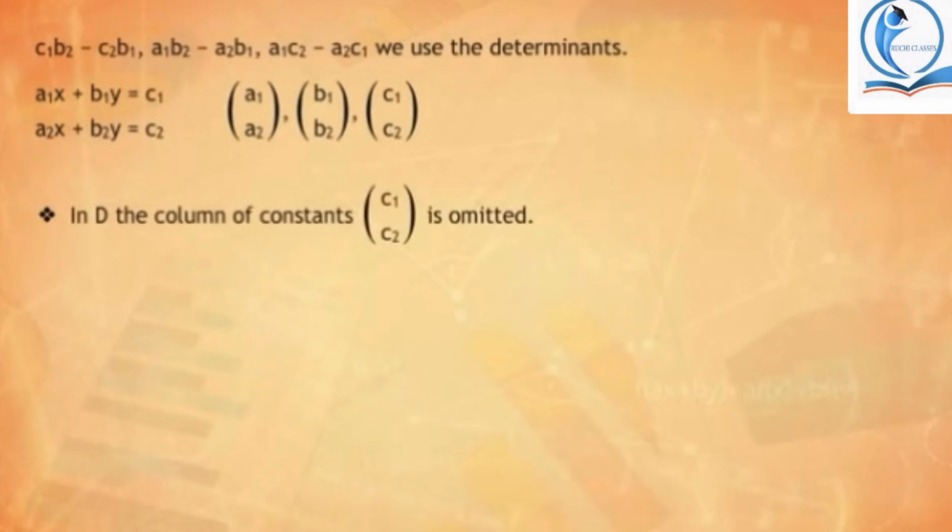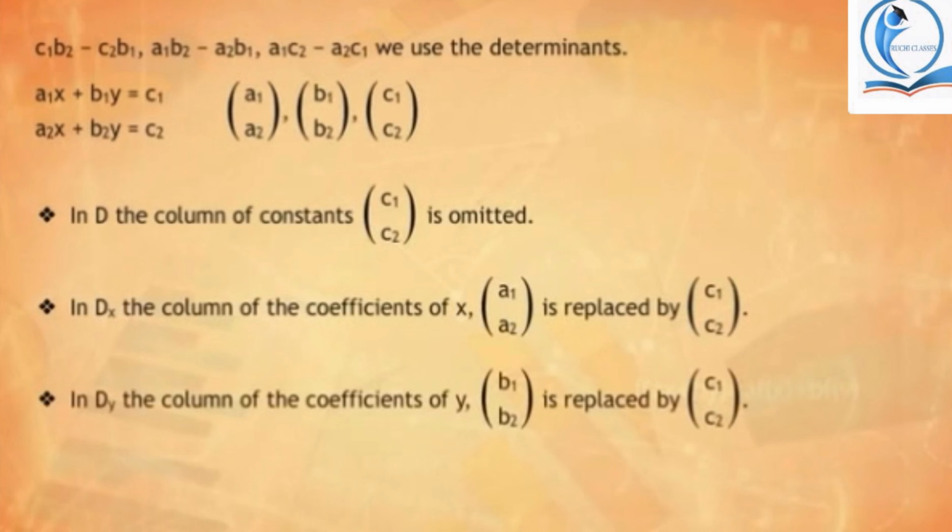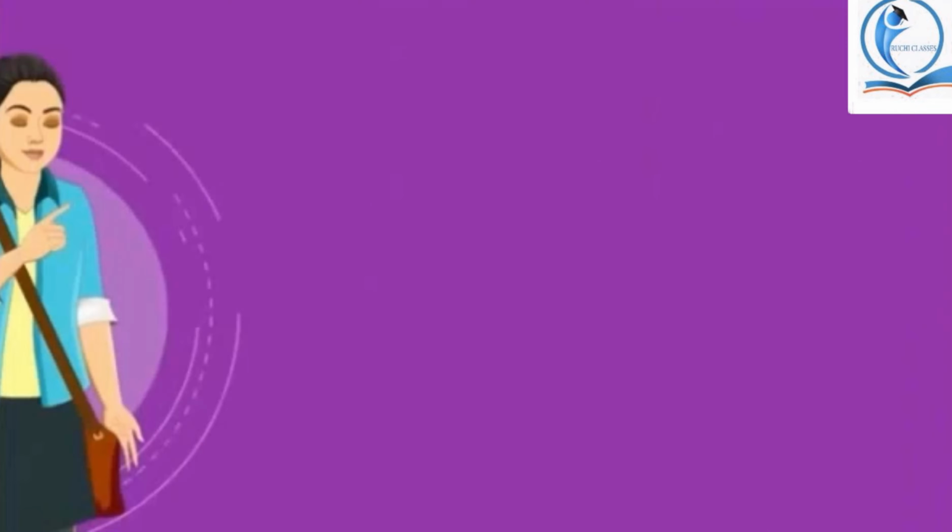In D, the column of constants c1, c2 is omitted. In Dx, the column of the coefficients of x, a1, a2, is replaced by c1, c2. In Dy, the column of the coefficients of y, b1, b2, is replaced by c1, c2.